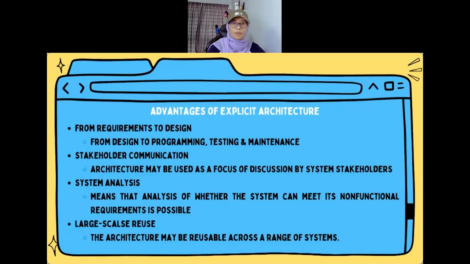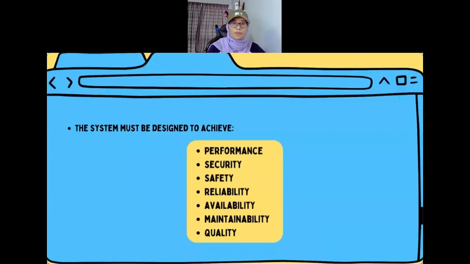Stakeholder communication: architecture may be used as a focus for discussion by system stakeholders. System analysis: analysis of whether the system can meet non-functional requirements is possible. Large-scale reuse: the architecture may be reused across a range of systems.